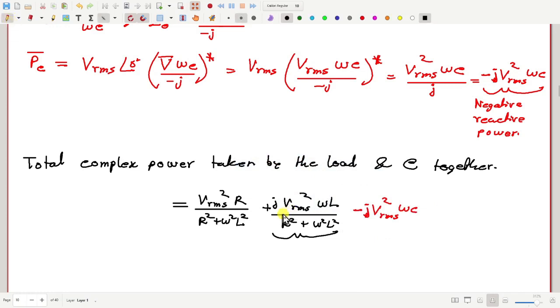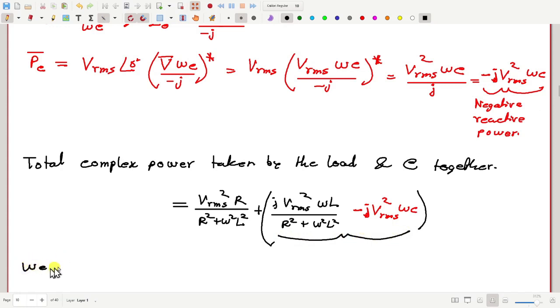Okay, so now if I choose the value of this C properly, then this total reactive power can be made 0.